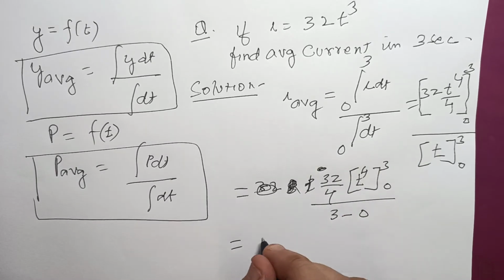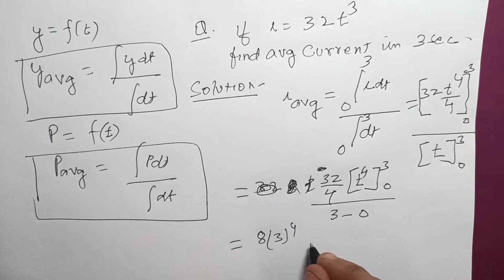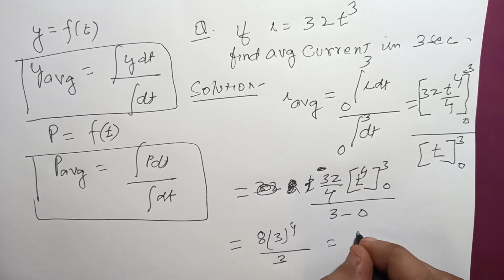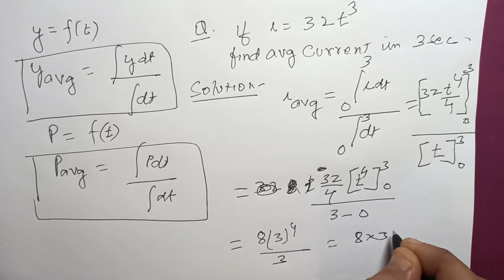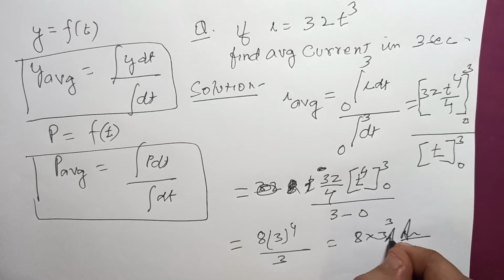Further, if I take this 8, and this is 3 to the power 4 minus 0, so this is 8 into 3 to the power 3 is the answer, ampere.